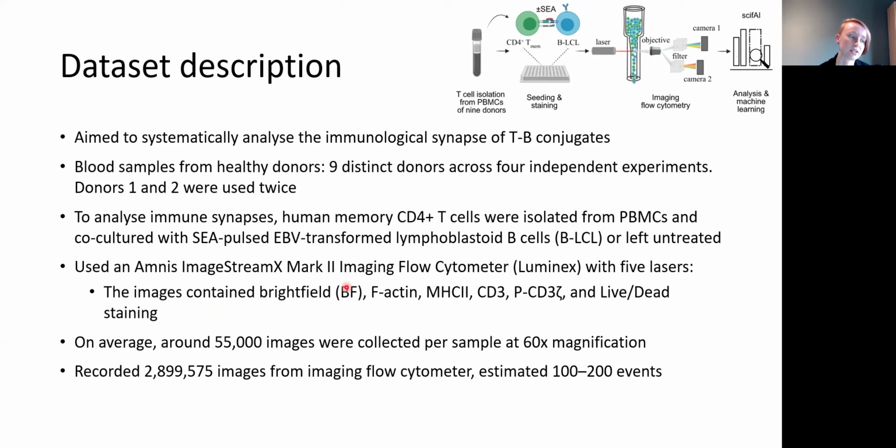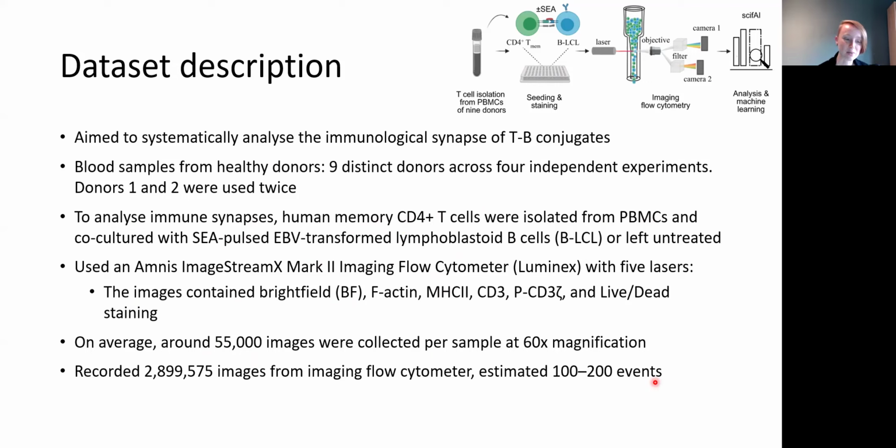All of these are just different things that we want to look at that will help us to identify these immune synapses and also the 2 different cell types that we have, so that we can identify what each thing is. And on average, there were around 55,000 images collected per sample at a 60 times magnification.